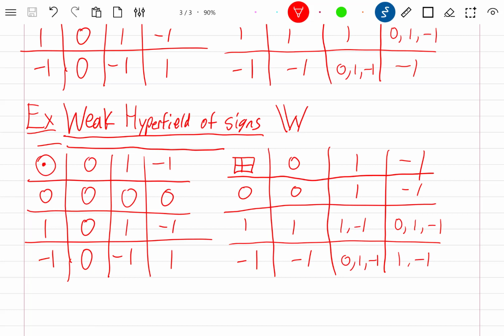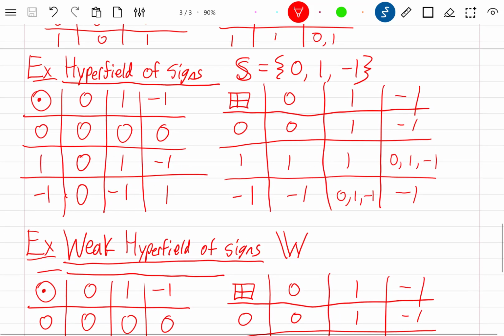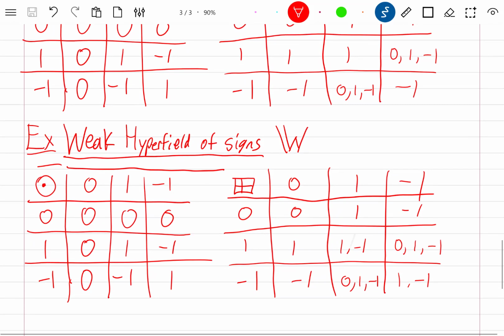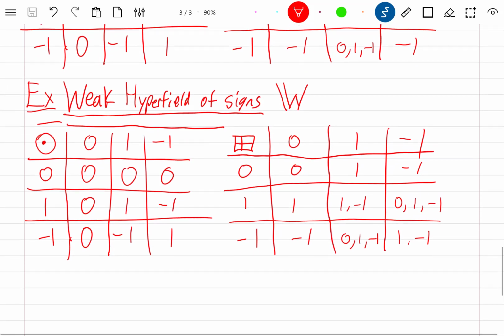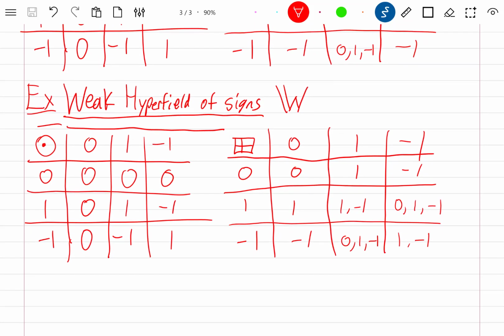I will explain why we call it the weak hyperfield of signs when we talk about extensions, because in some sense this is a weak extension of the hyperfield of signs. So hopefully this gives you a sense of what hyperfields are and how addition acts on hyperfields.